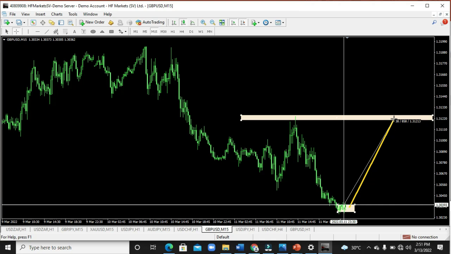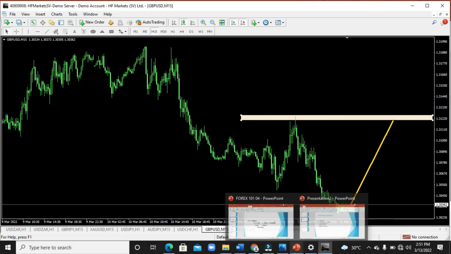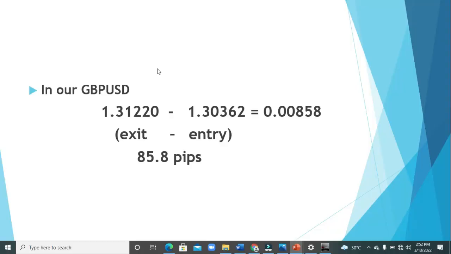This 85 shows that it is 85 pips at the exchange rate of 0.31213. And that is the same thing that we have in this our calculation. That's the way you calculate pips.